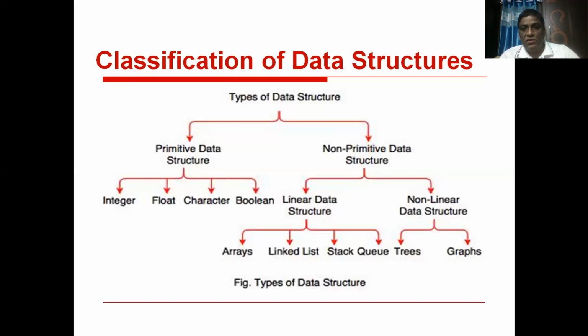Right now, if you look at the types of linear data structures, arrays are a part of your programming languages. They are directly available. You can utilize them. And linked list, we will build it logically, and then stacks, and then queues. When it comes to nonlinear data structures, there are two types: trees and graphs.